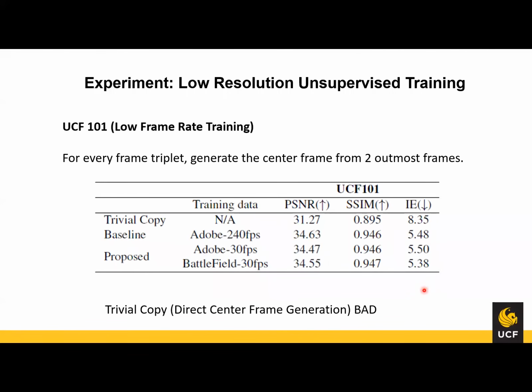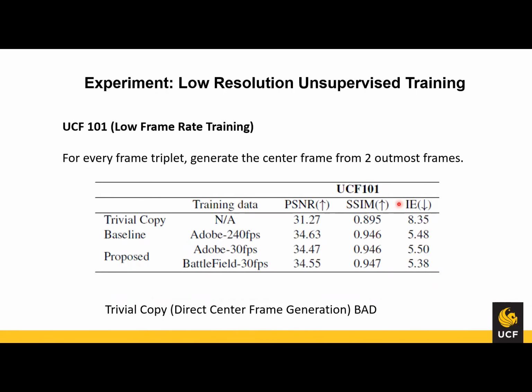All right, so here are the low resolution unsupervised training results. They've trained on the lower resolution dataset, and then they're going to try to generate center frames on the UCF 101.